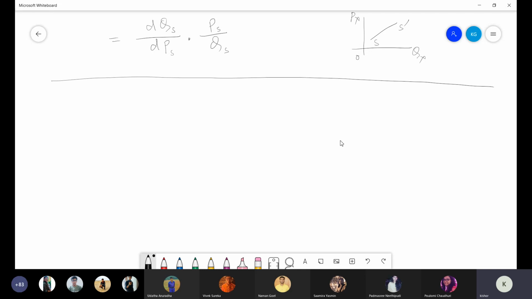Production and cost I will be able to finish, but along with that, there are some other related topics. I'm not very sure how much I will be able to do. Even in production, I will bring this concept of elasticity. After some time, I will give an example of how elasticity even appears in production.